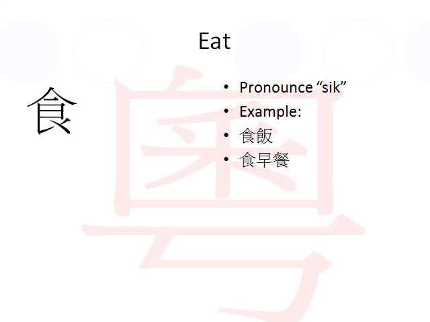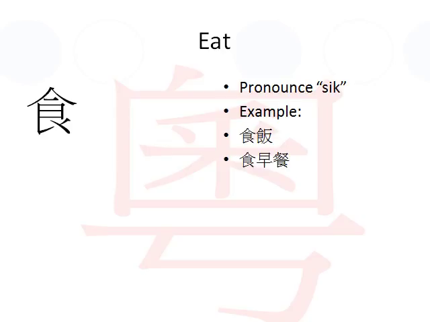Now, the first one that we're going to talk about in this lesson is to eat. To eat, as you see on the kanji to the left, the pronunciation is sek. Again, the pronunciation for this Cantonese verb is sek.